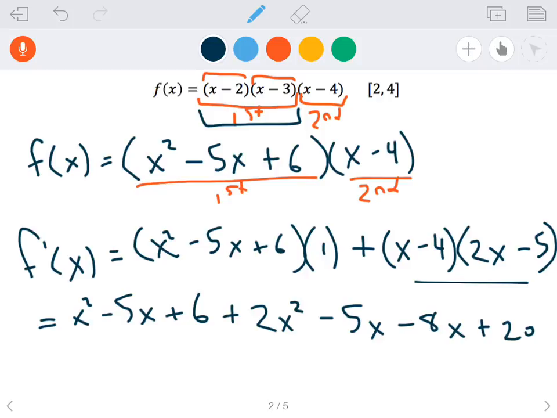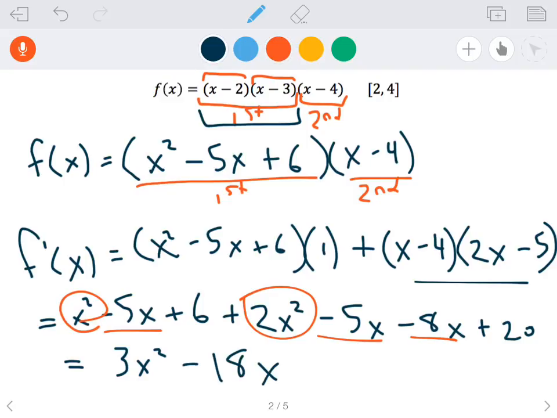And if I combine my like terms, I'll get 3x squared. Make sure I get everybody. I got x squared and 2x squared. And then for my x terms, I have minus 5x, minus 5x, minus 8x, so that's my minus 18x. And then plus 6 plus 20 gives me plus 26. Is that everybody?